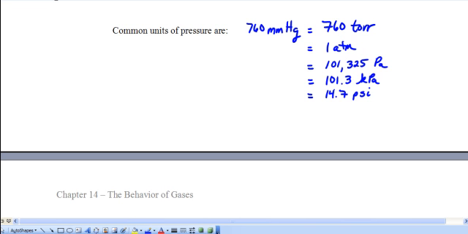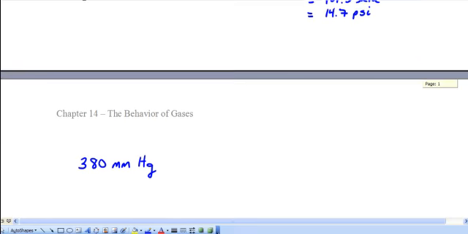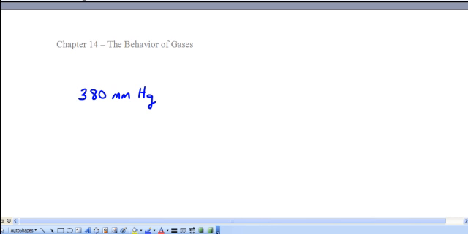It's also something that we've talked about in terms of mole conversions. When two quantities are equal, you can place one over the other in a fraction. So, if we know that 760 millimeters of mercury equal 1 atmosphere, the conversion is going to be 1 atmosphere over 760 millimeters of mercury.